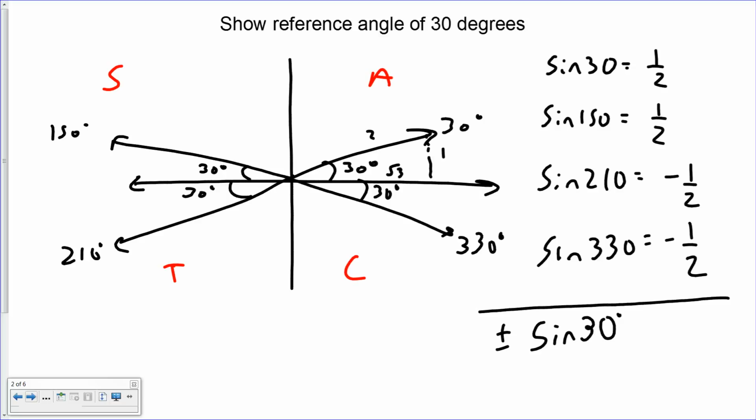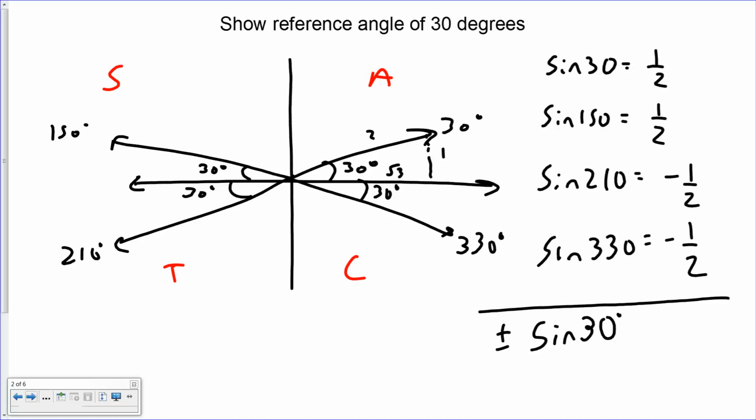Each of these can boil down to a positive or negative sine of 30 degrees. Either one. I just have to figure out which one. So that's why we use reference angles. I don't want to find the sine of those bigger angles. I want to find the sine of the smaller reference angle, and then just remember it's positive or negative by Santa Claus.